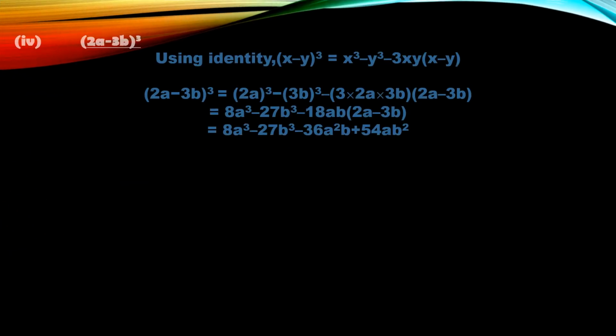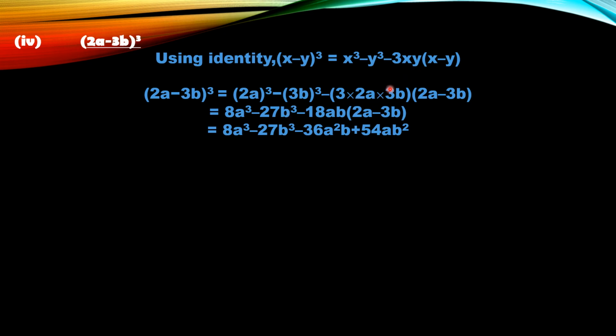Now taking the next question, (2a - 3b) whole cube. This is the whole cube of two terms. So we will use the identity (x - y) whole cube is equal to x cube - y cube - 3xy(x - y). What is x here? First term is 2a, second term is 3b. So the first term cubed will be (2a) cubed, 2a into 2a into 2a, 8a cube. (3b) cubed will be 3b into 3b into 3b, 27b cube.